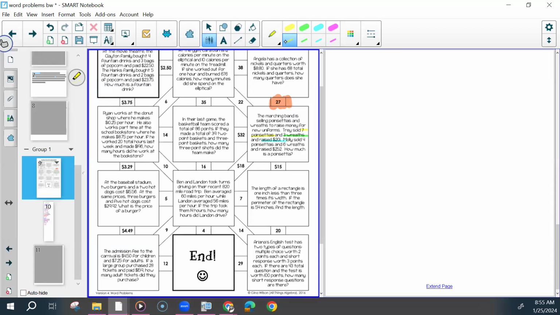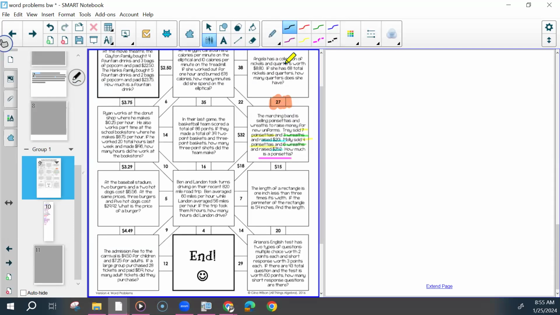What else is important? Four poinsettias, 6 wreaths. What are we looking for?